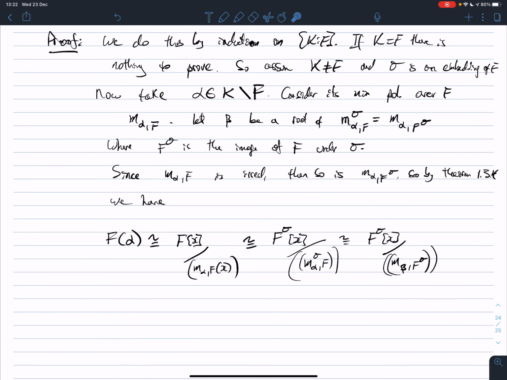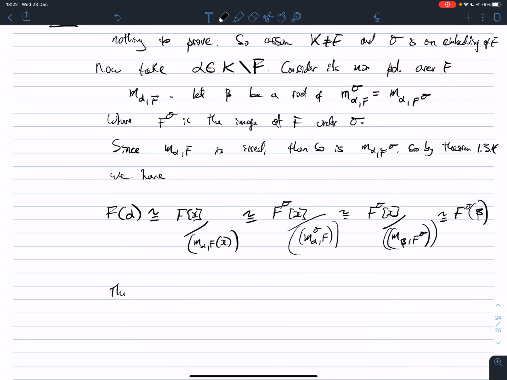Notice that α and β are both roots of this same polynomial in this field, so they're conjugates and have the same minimal polynomial. So I can change my α to my β. This doesn't change anything, but now this is isomorphic to F^σ(β).